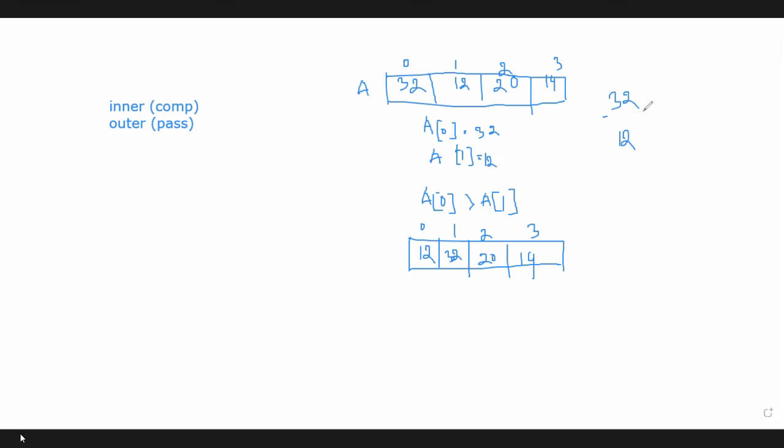So at first it will place 32 in a temporary variable. After that it will place 12 in memory location 0, and then from that temporary variable it will collect the data 32. Then it can store it in the next memory location, that is 1. That means in this program we need how many variables?